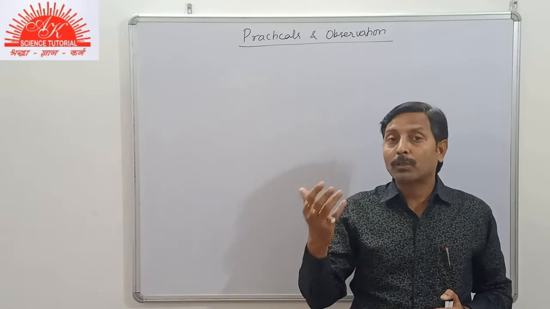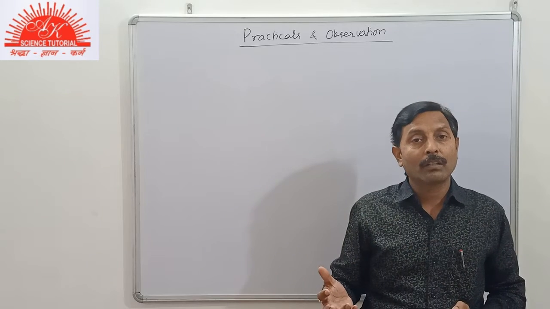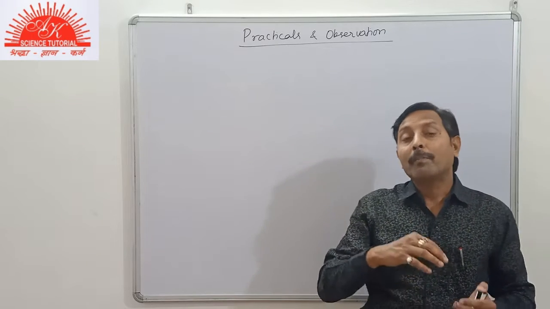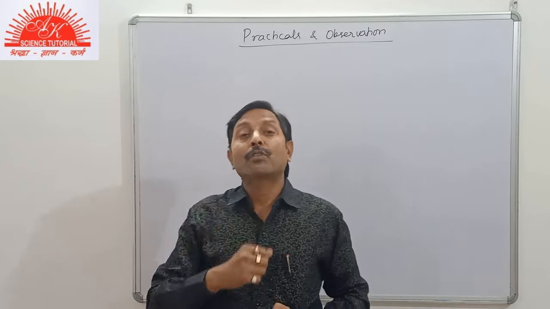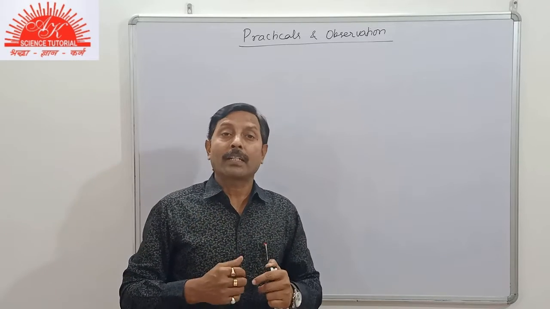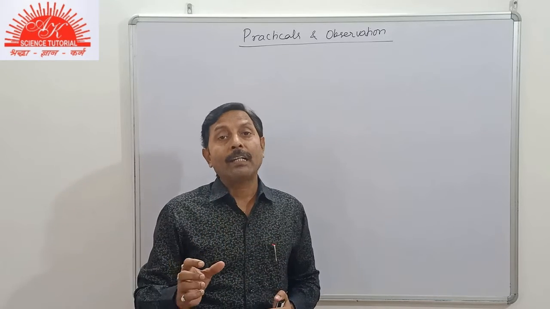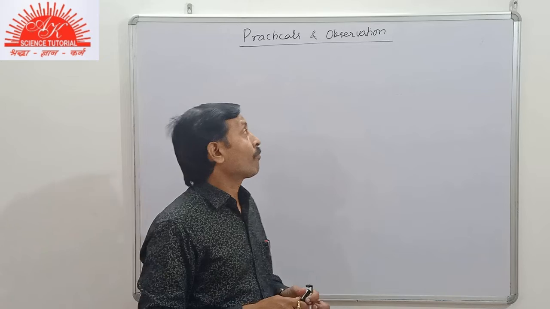It may be the evolution of gas, so you will write its observation, which type of gas is evolved, as well as on the basis of the different types of precipitate or the other points, you will identify the anion or cation and write its observation.